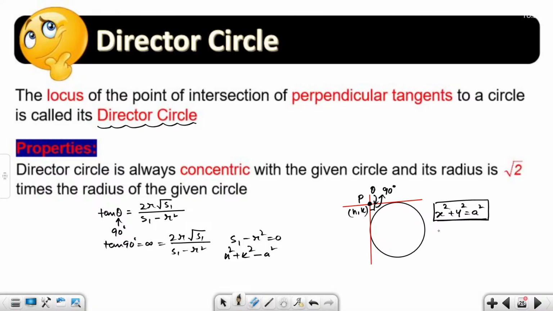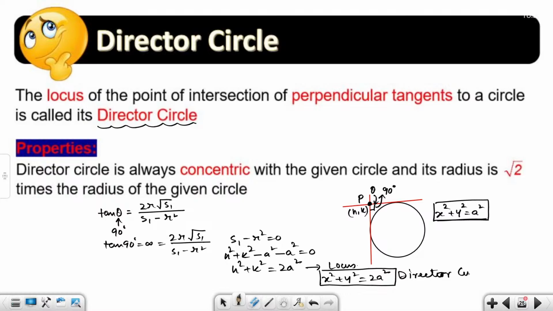And r is the radius of this circle, which is a. So h square plus k square minus a square minus a square equals 0. So the locus is h square plus k square equals 2a square. Thus, the equation of the locus is x square plus y square equals 2a square, and that's the equation of the director circle. Is it clear?